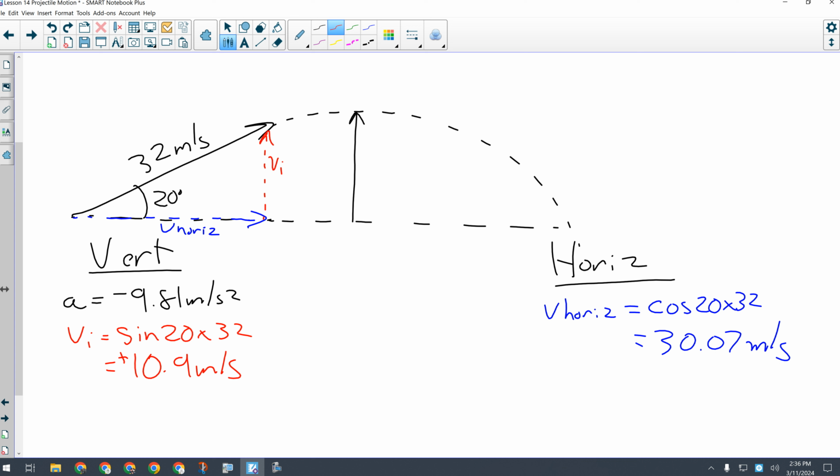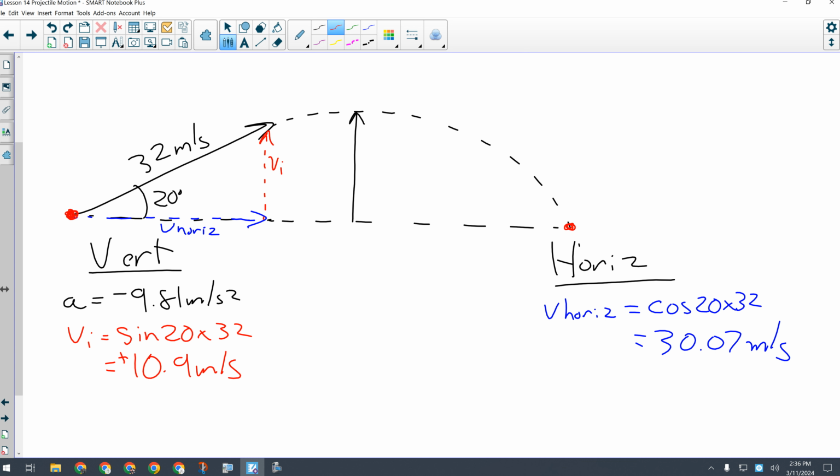Here's the thing we have to assume. The launch point and the impact point, the two shores of the river, are the same height. If they're the same height, how does the final velocity compare to the initial velocity? It's the same.